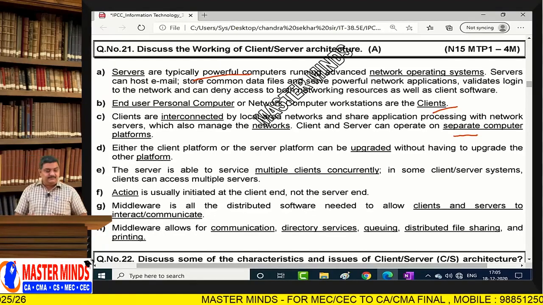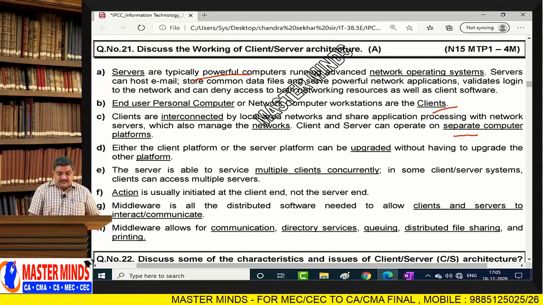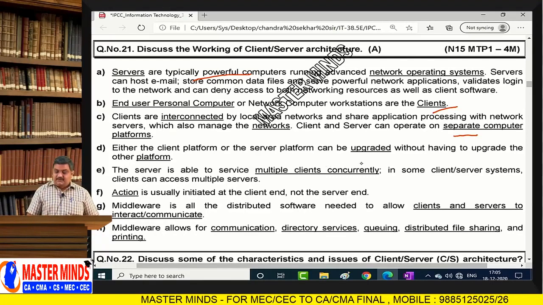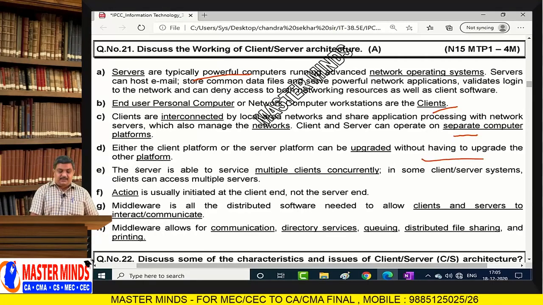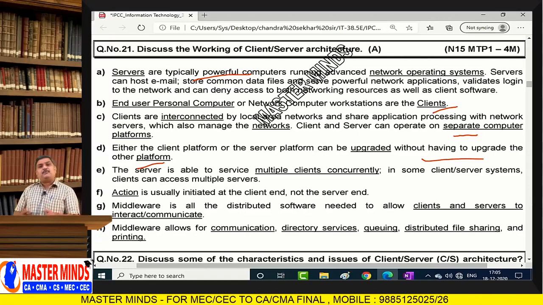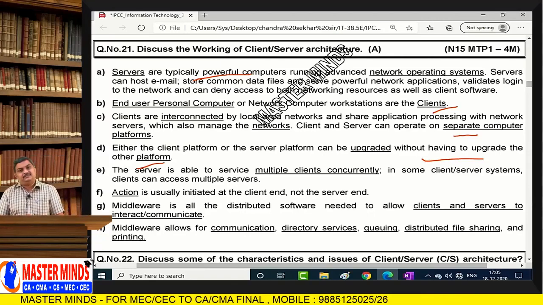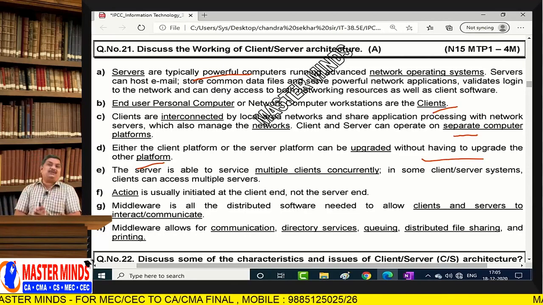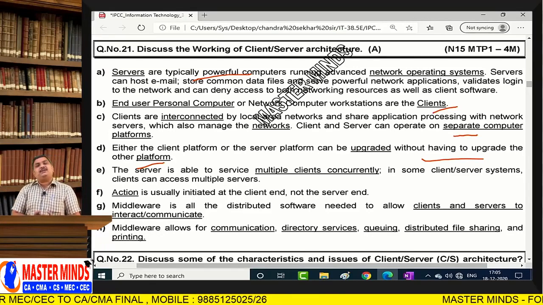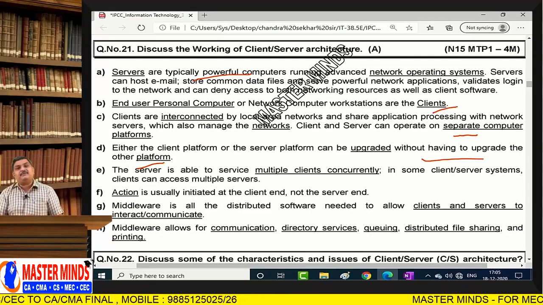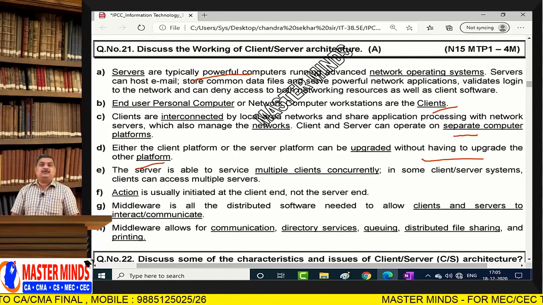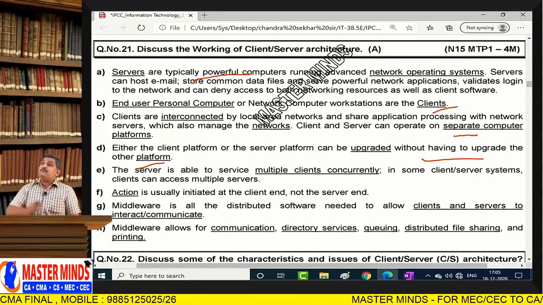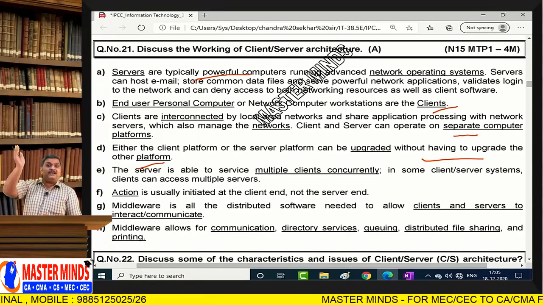And either the client platform or the server platform can be upgraded without having to upgrade the other. I have upgraded my Android and started using FB, and I did not inform FB that I am upgrading my phone. No need. And FB people will not tell you when they upgrade something.